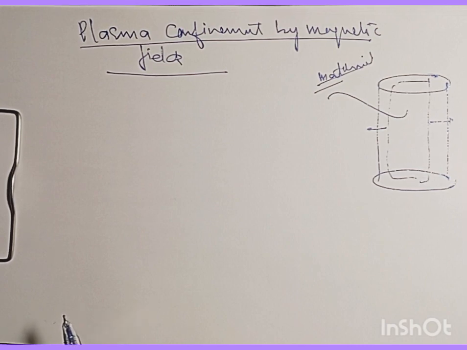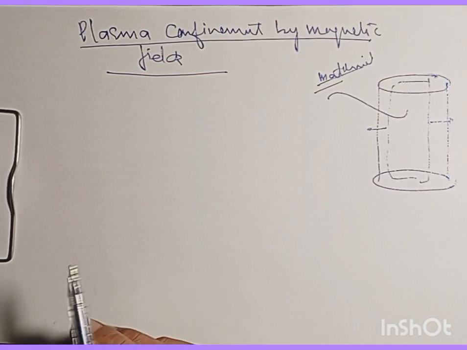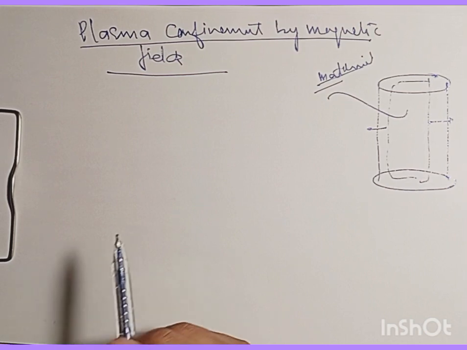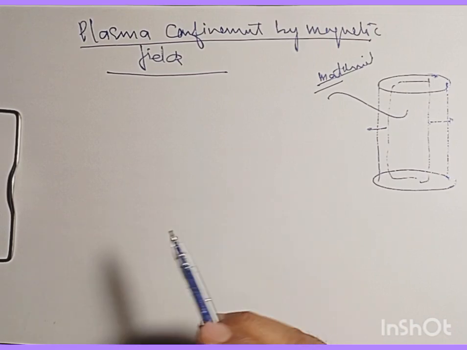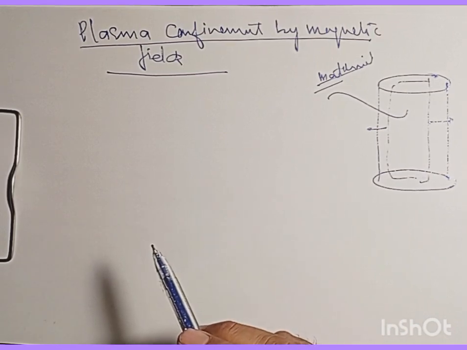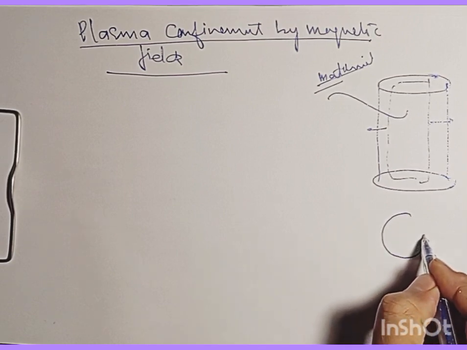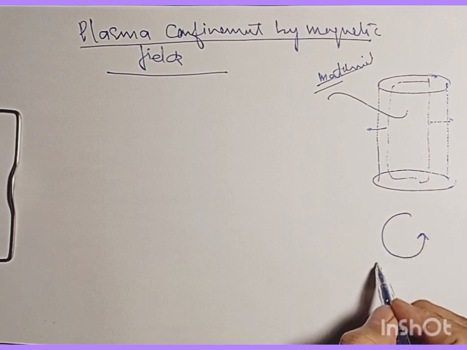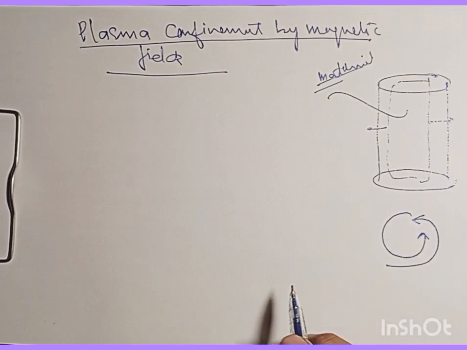So we use magnetic field on the charged particles, and these particles gyrate along the lines of force. For the sake of argument, the positive particles will gyrate in one direction, and the negatively charged particles will gyrate in the opposite direction.